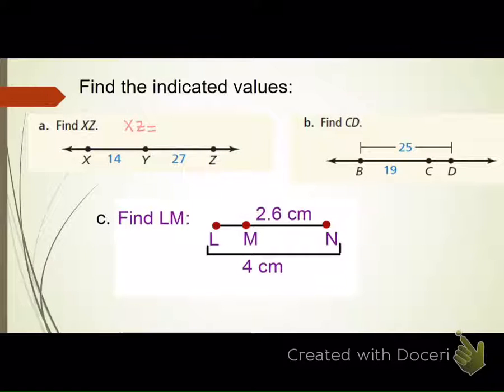If X to Y is 14 and Y to Z is 27, that would be 41. Because XY plus YZ gives you XZ. So that means that we do XZ equals 14 plus 27, which means that XZ is 41.